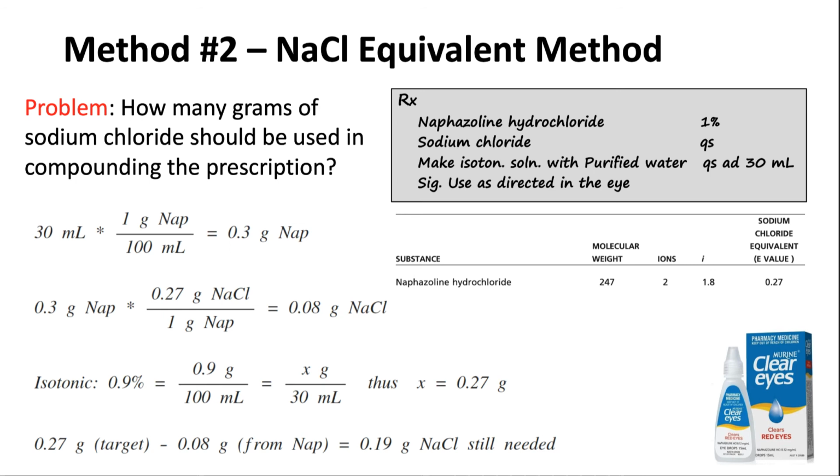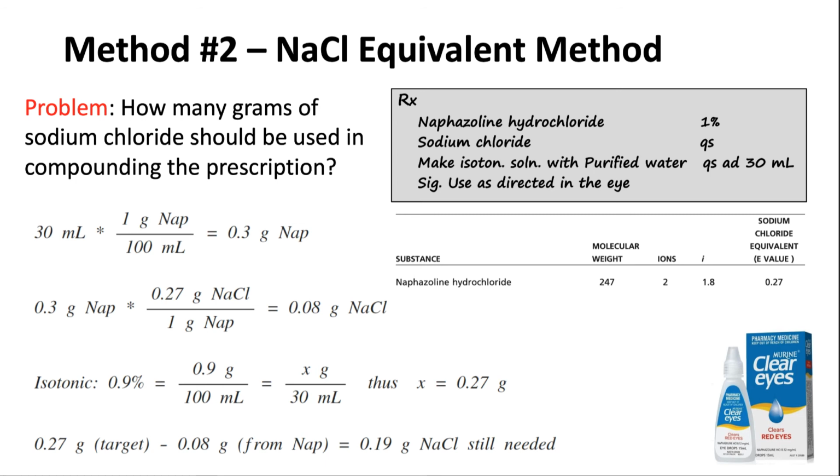Grams of naphthazoline cancel, and if we take 0.3 times 0.27, numerically we get 0.08, and that would be grams of sodium chloride, meaning the 0.3 grams of naphthazoline we're putting in is osmotically equivalent to putting in 0.08 grams of sodium chloride.